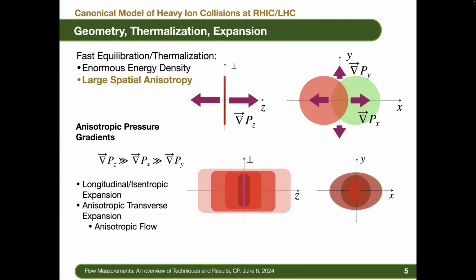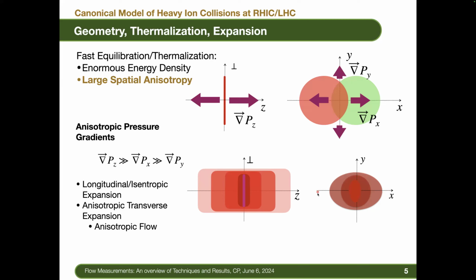And so associated with this pressure gradient, the matter that is formed will expand under these gradients. The pressure gradient along z being the largest, the expansion will be the fastest along z. And then the pressure gradient along x being what it is, there will be expansion along x, and to a lesser degree along y.